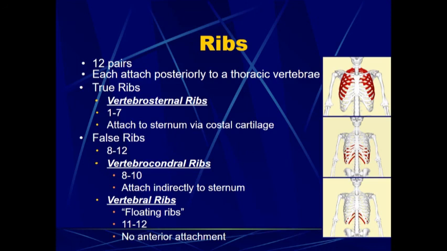So they have cartilage that attaches to the cartilage of the vertebrosternal ribs. So they themselves are not attached to the sternum, they're attached to cartilage instead. And then the last two are the vertebral ribs or the floating ribs. Because they have only vertebral attachments posteriorly, they have no anterior attachments.